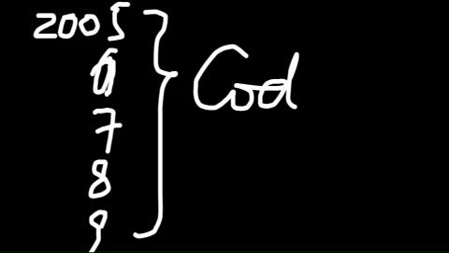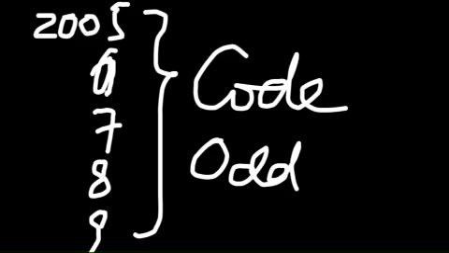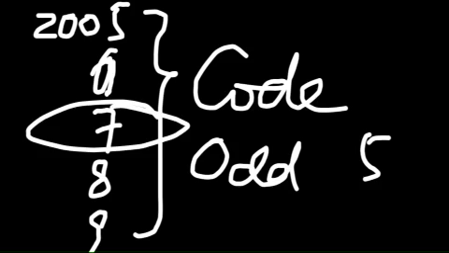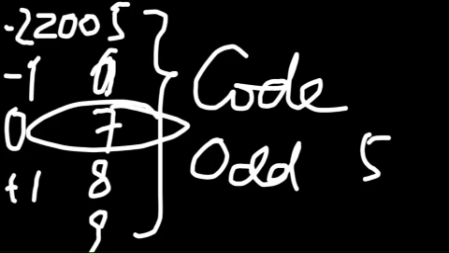The first is you need to code the year. And since you have got an odd number of 5 years, you choose the middle one as 0, and then -1, -2, +1, and +2.